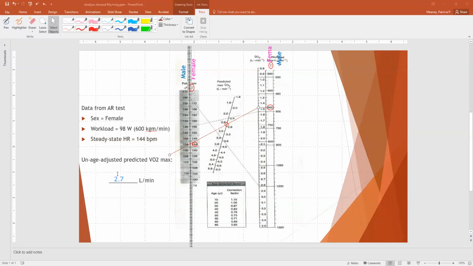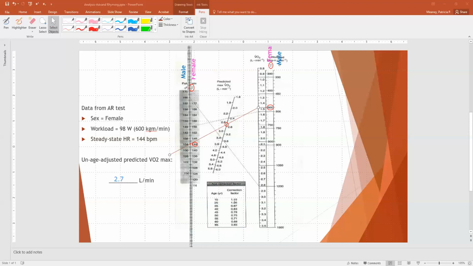In step 3 of your Astrand Rhyming Lab group assignment, you're going to be calculating an age correction factor. Here's a really simple list of age correction factors. If you look in your assignments, I walked you through step by step how to calculate a precise age adjustment factor or age correction factor.